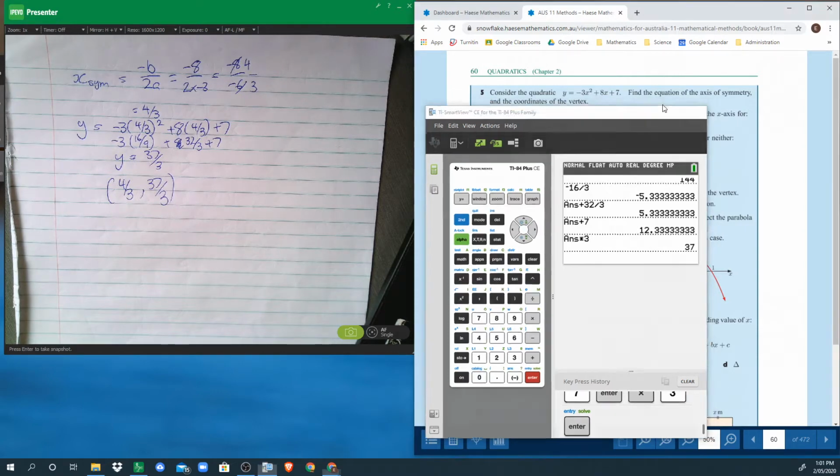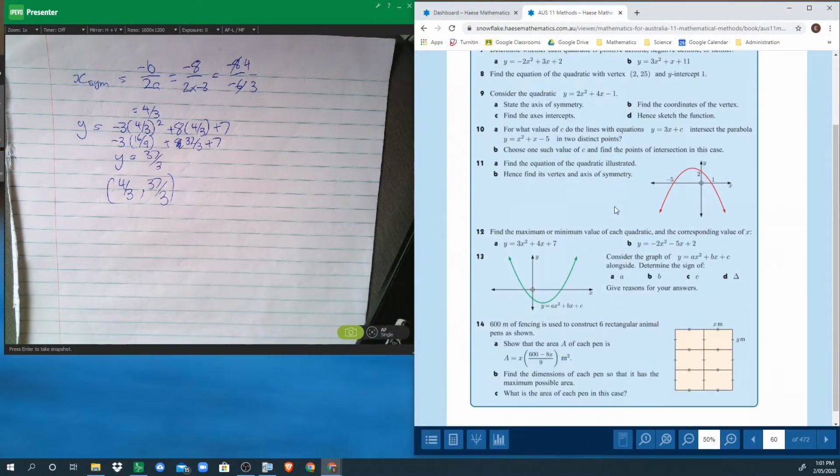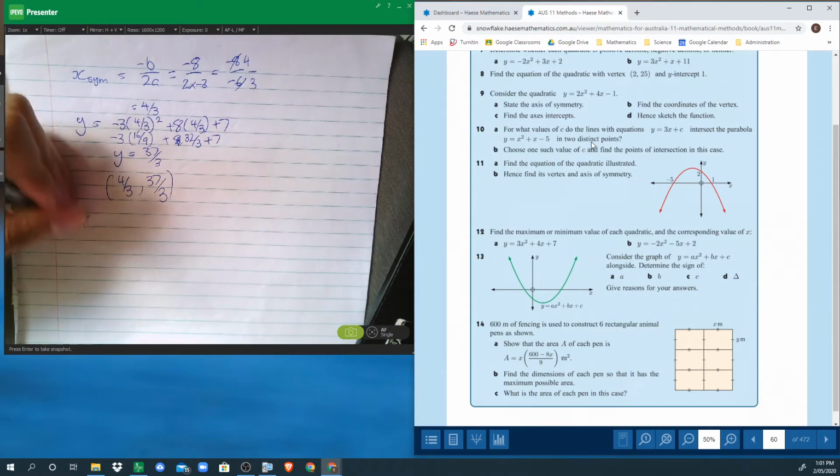All right, so let's have a look at the next one. For what values of c do the lines of the equation intersect the parabola in 2 distinct points? Okay, well, basically similar to the one we did before.